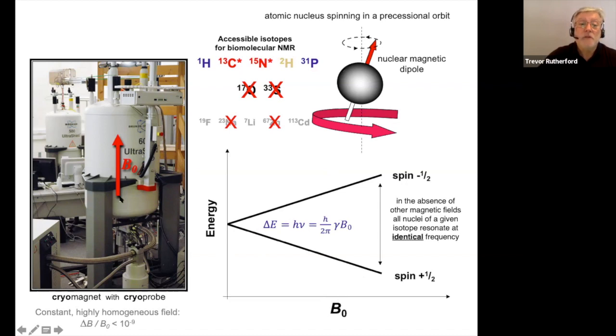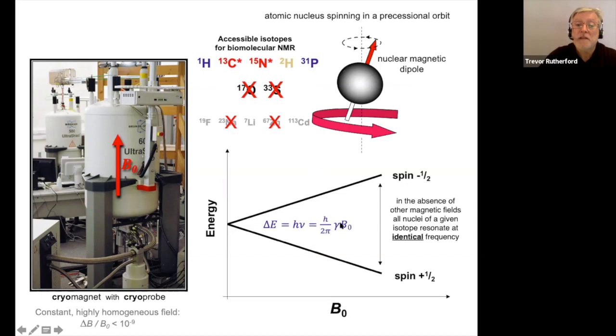So the overall construction of an NMR spectrometer is that we've got a cryomagnet here with high magnetic field, and it's applying an external B0 field to the sample. The sample sits right in the center of this magnet can. Okay, so as we increase the magnetic field, the energy difference between the two states, effectively with the north and south pole either aligned with or against the field, is directly proportional to the B0 field.